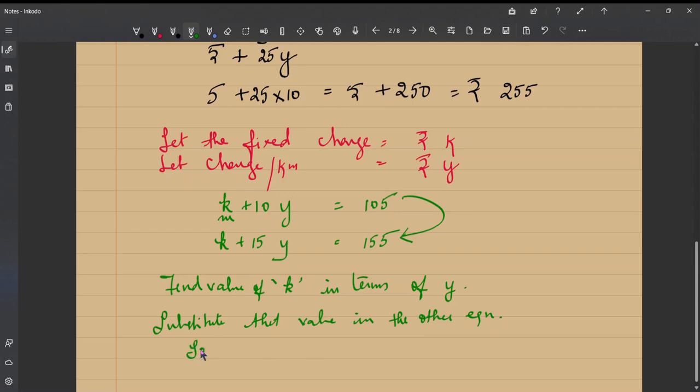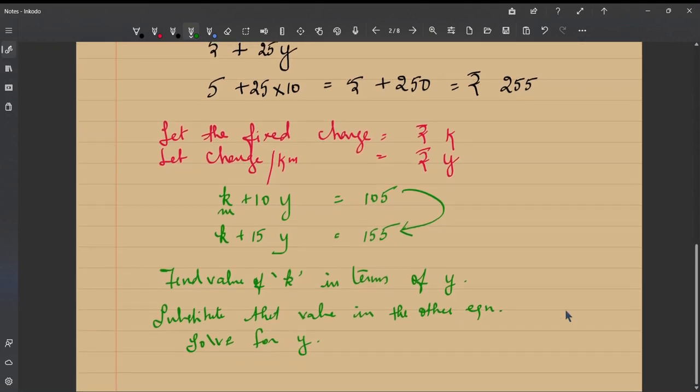Solve for y. Now substitute the value of y which you have found in any equation. Find K and your problem is done, right? I hope you understood. Thank you.